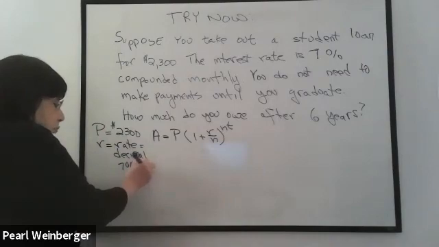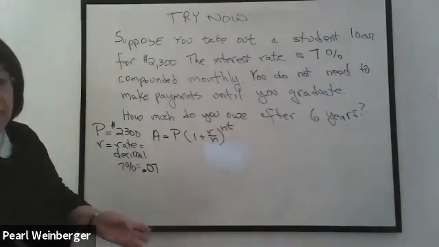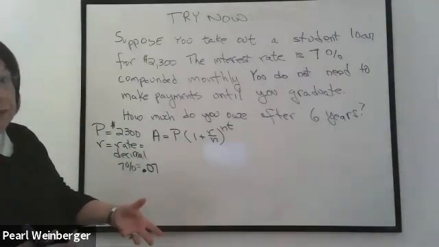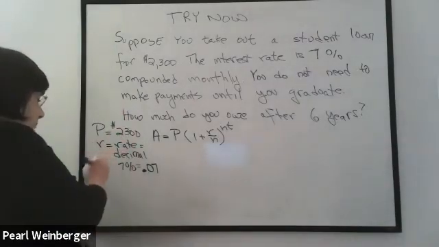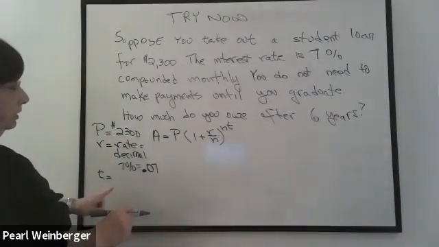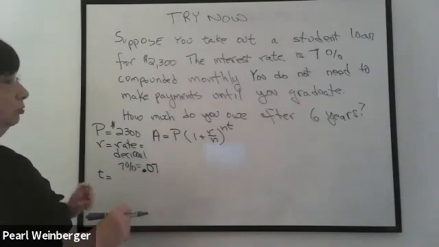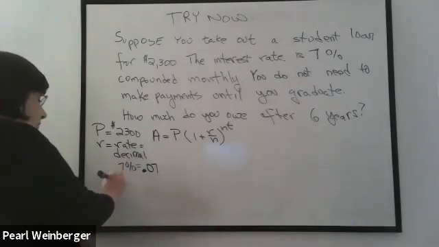It's going to be 0.07. A common error on this is somebody might put just 0.7. That would mean you have a 70% interest rate, which would be outrageous. Okay, the T is the total number of years you're borrowing the money for. And in this case, we were told that it's 6 years.